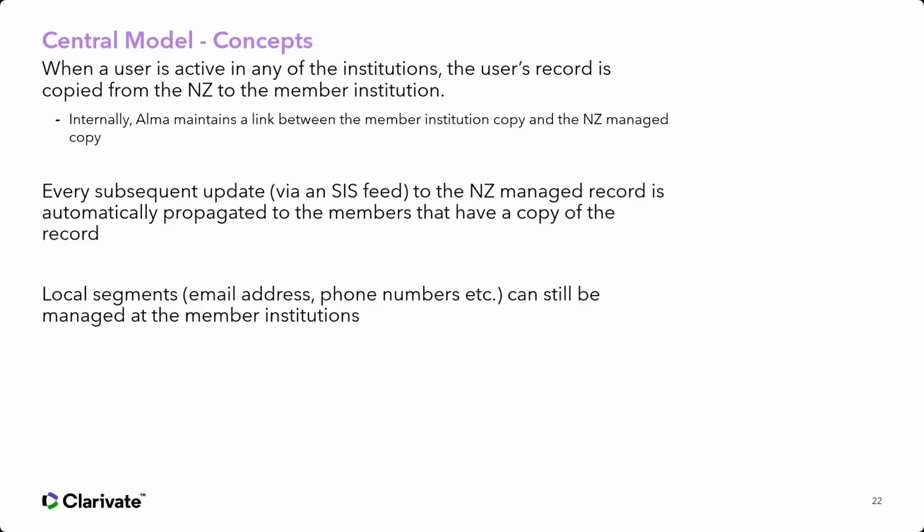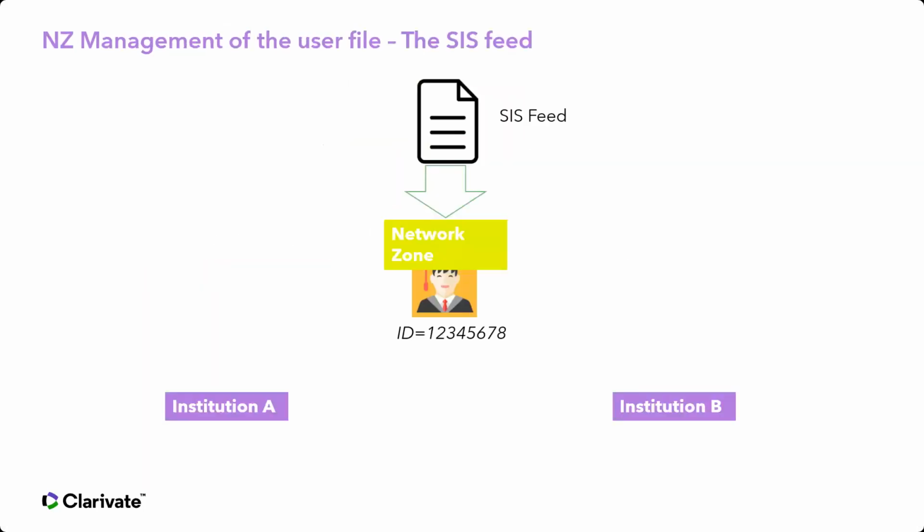The same exact model is here. The only difference is that from the institution perspective, the updates are not coming from a direct SIS feed to the institution, but rather from the network zone, which is where the SIS feeds took place. But if you think about this equivalence of an external account at the institution updated from an SIS and a local account at the institution updated from a network zone, and you think of them as pretty much the same concept, then you've got a good picture of how this would work.